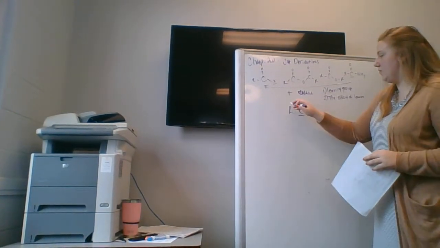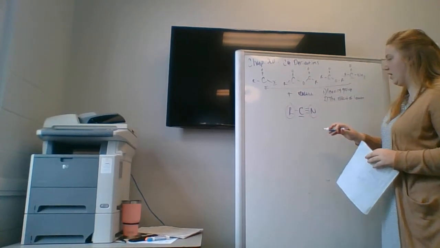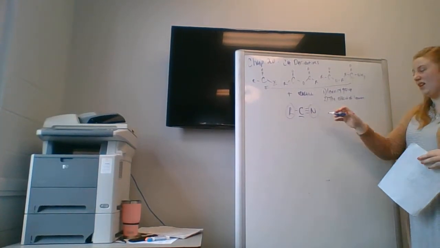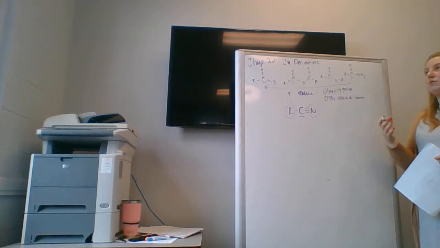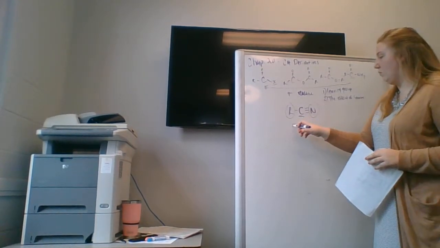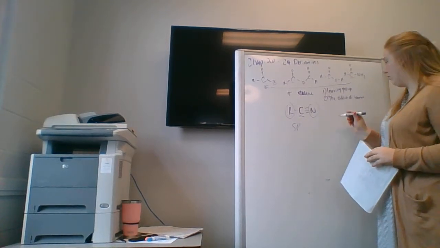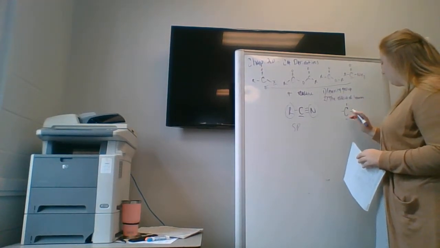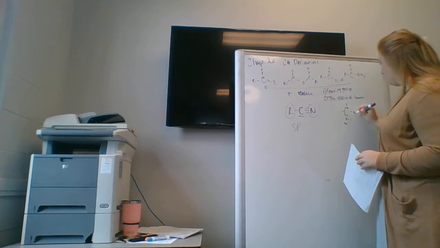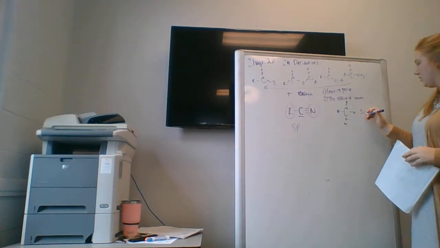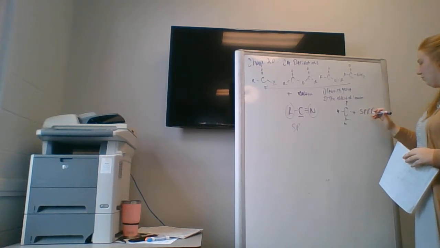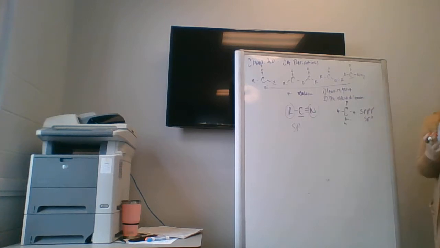So we have two attachments here, an R and an N. Each attachment corresponds to an orbital. So 1, 2, SP. If we had something like this, we have 4 different attachments. So S, P, P, P, 1, 2, 3, 4. This is SP3. That's my method of using it.